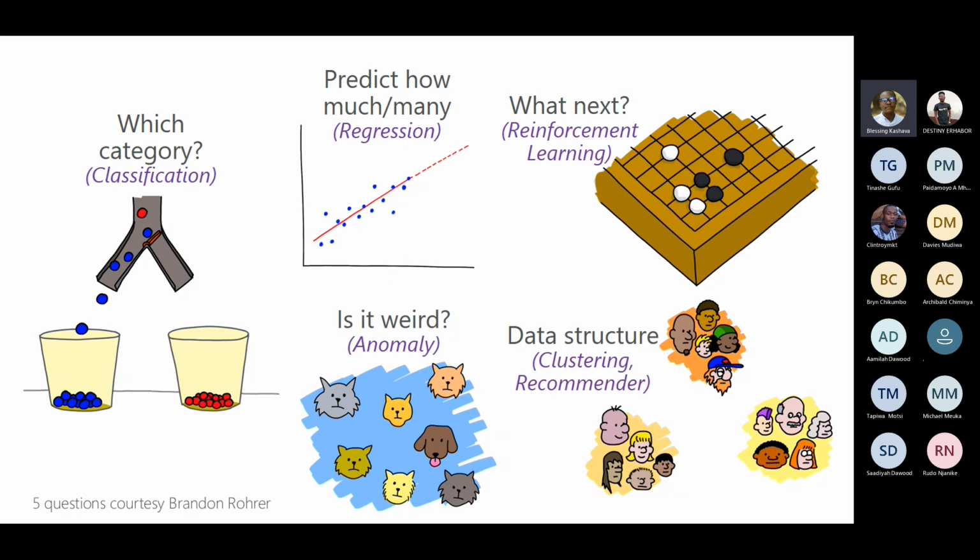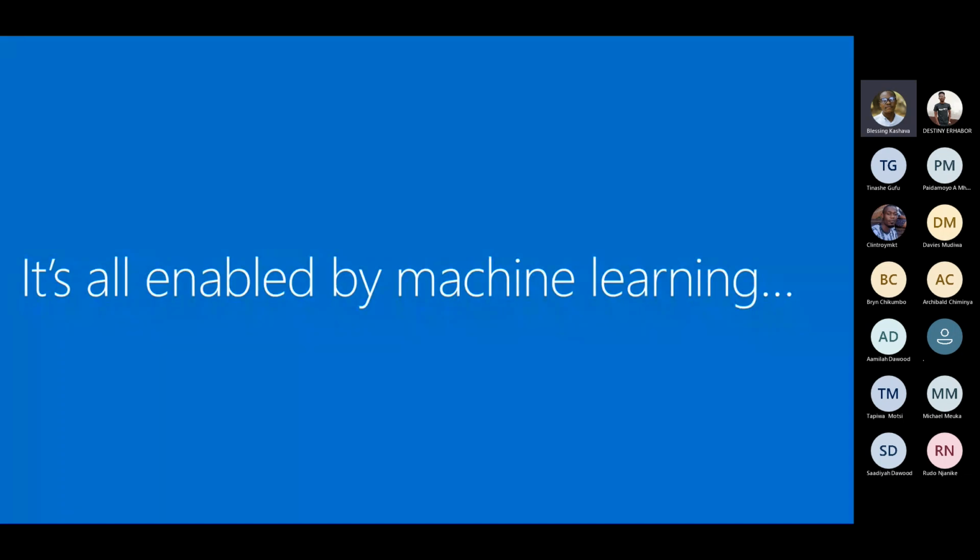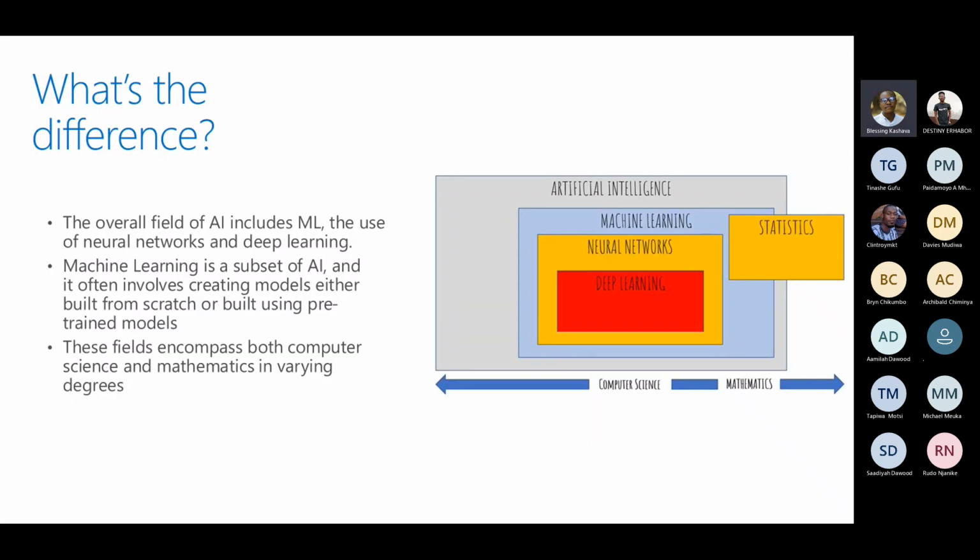So it can give recommendations as to which movies you might enjoy watching based on the particular cluster. So all of these are machine learning models, and all of the examples I gave are enabled by machine learning. So what's the difference between machine learning and artificial intelligence?